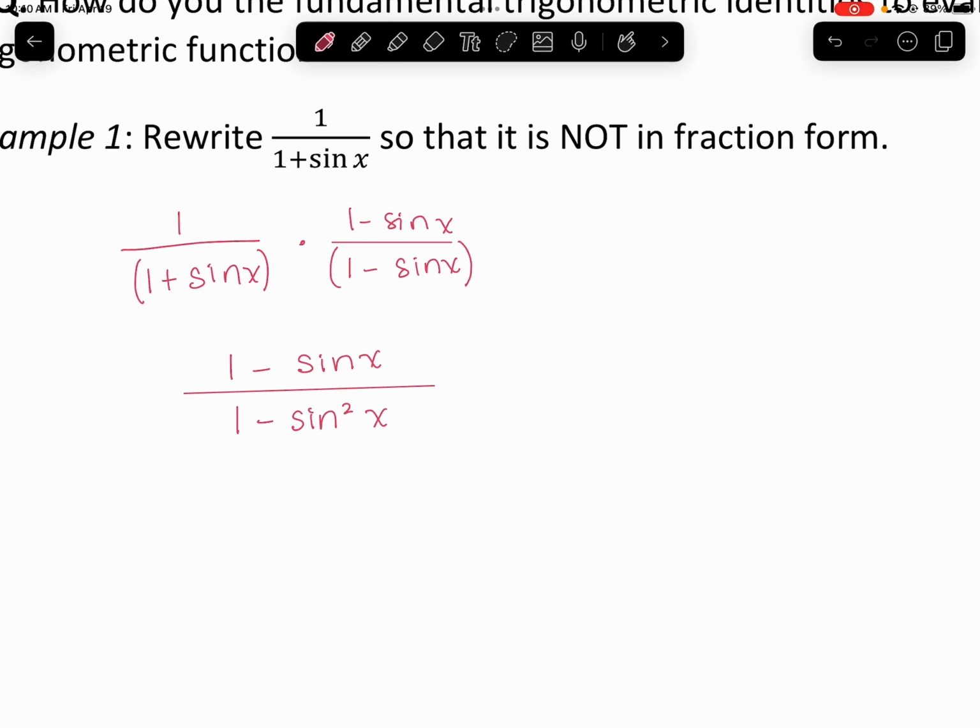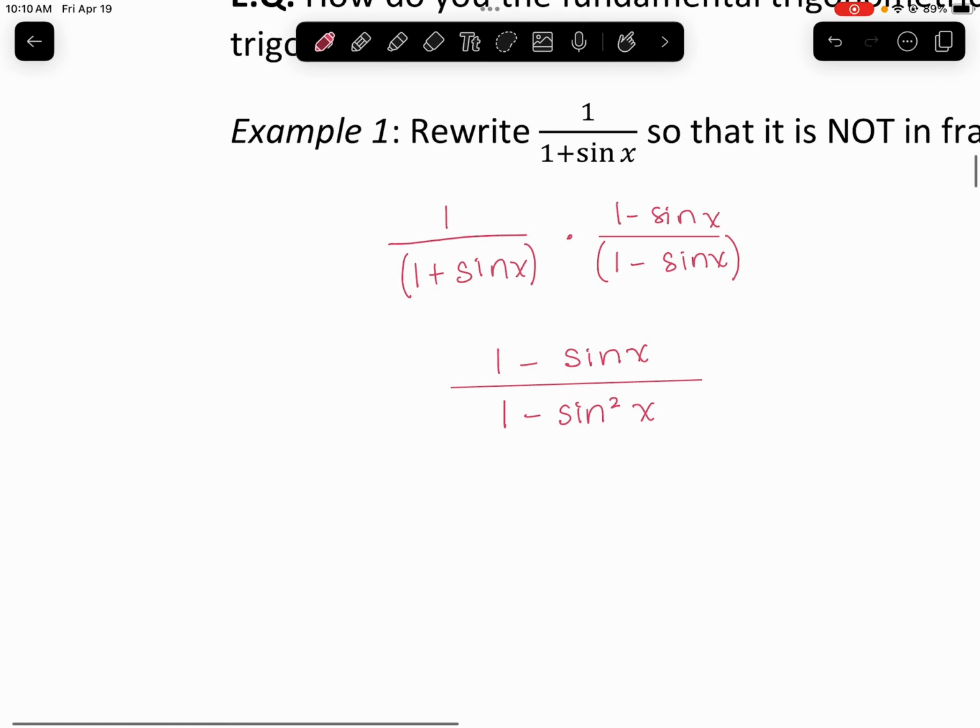Now from this point, because it's still in fraction form, let's think about things we could do. Think about our identities that we've learned, and anytime I see sine squared, I think of the Pythagorean identity. So 1 minus sine squared of x, well, we know that sine squared of x plus cosine squared of x is equal to 1.